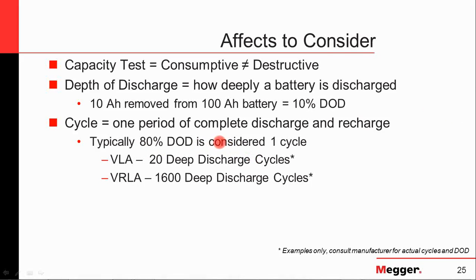Typically, around 80% depth of discharge is considered one cycle. And these are just some samples here where vented lead acid might have 20 deep discharge cycles. They don't like to be cycled quite as much as a valve regulated lead acid, where I found an example where one claimed to have 1,600 deep discharge cycles available.